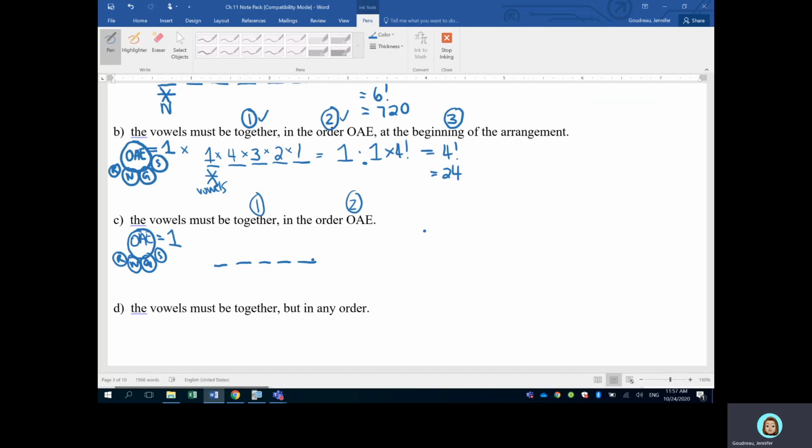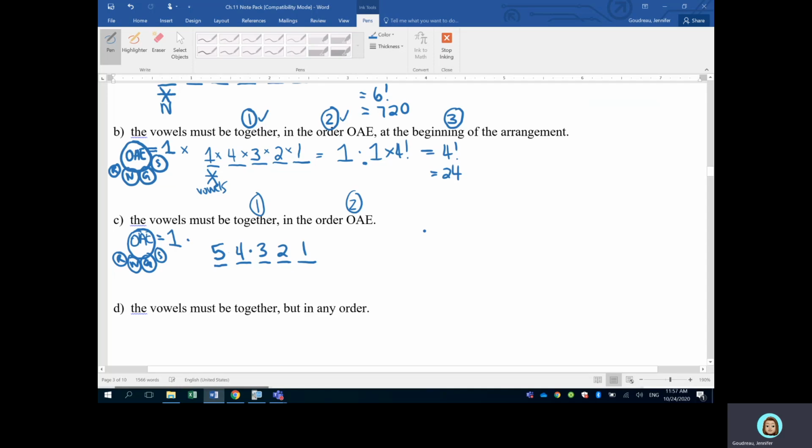But you'll notice that in part C, that third restriction from part B is gone. So I don't have any restrictions on these blanks. That means that in that first blank, I have 5 choices. I might put one of the consonants, or I might put my group of vowels there, but I'm not told exactly where. So we have 5 choices. Once I've used one of those choices, I cannot use it again. So we have 4 choices, then 3, then 2, then 1.